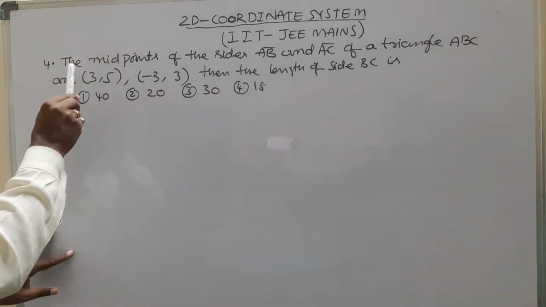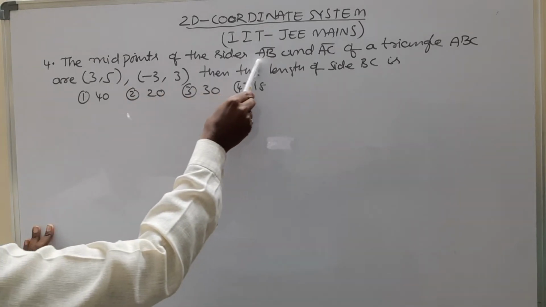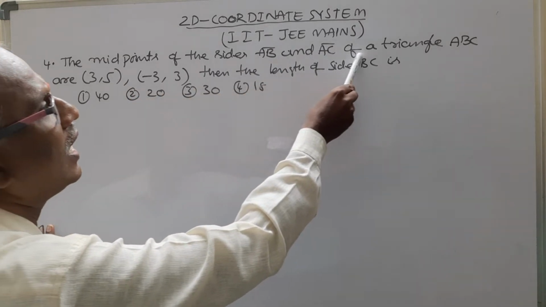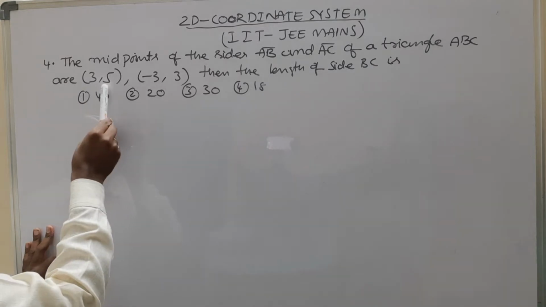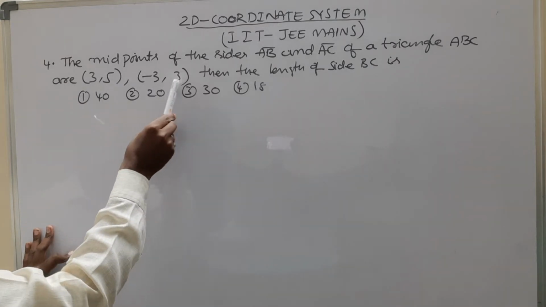Question number 4. The midpoints of the sides AB and AC of a triangle ABC are (3, 5) and (−3, −3).